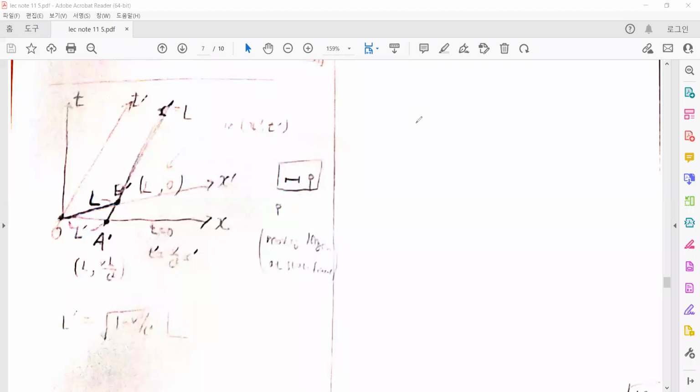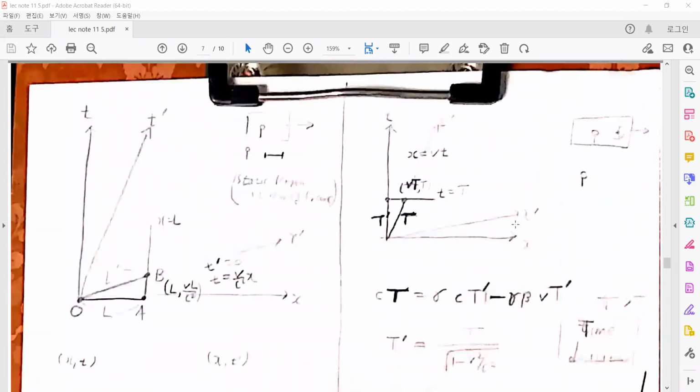Similarly, we can also derive time dilation. There is a clock in the moving frame, and the last frame observer will observe such a clock. There is some specific period of t in the moving frame, and it will be observed as t prime in the last frame. So ct prime equals gamma ct minus beta gamma x. If we insert t and x, we can find t prime.